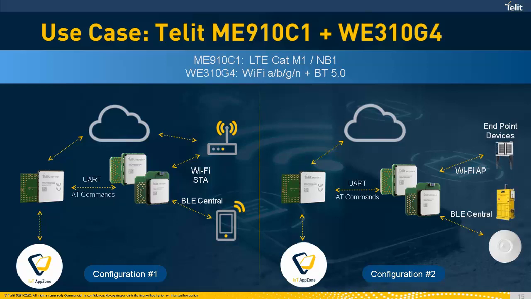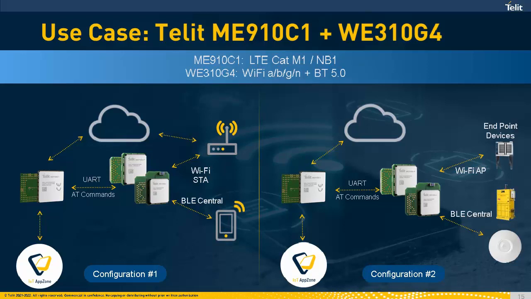In the first one, basically, we have our ME910 that will offer cellular connectivity, and at the same time, you have our EE310G4 that can work as a station for a local network. The EE310G4 at the same time can offer Bluetooth connectivity for a local network.